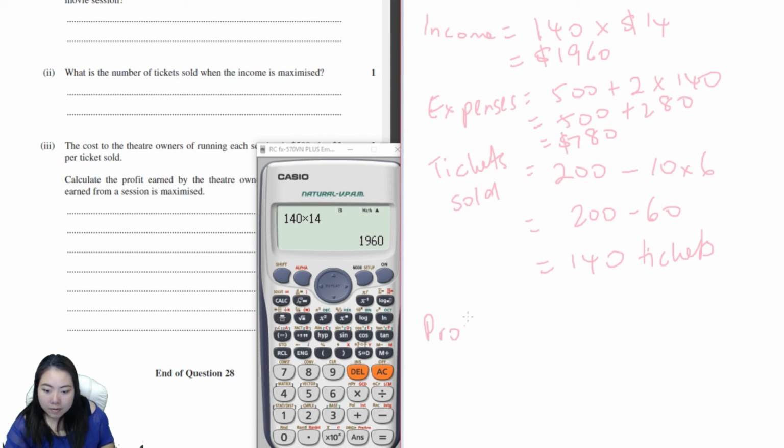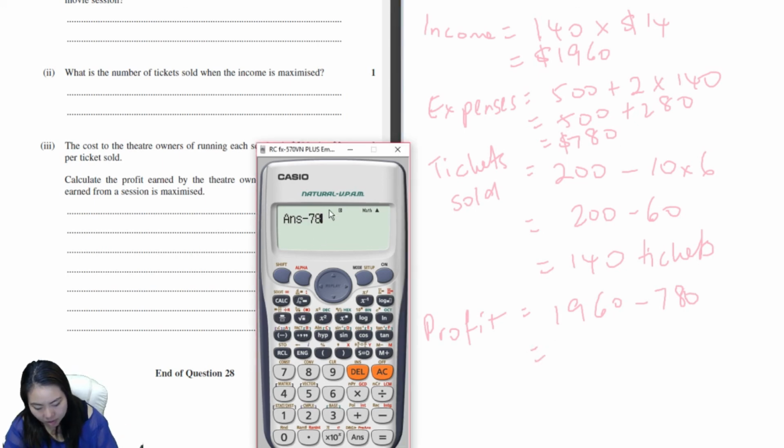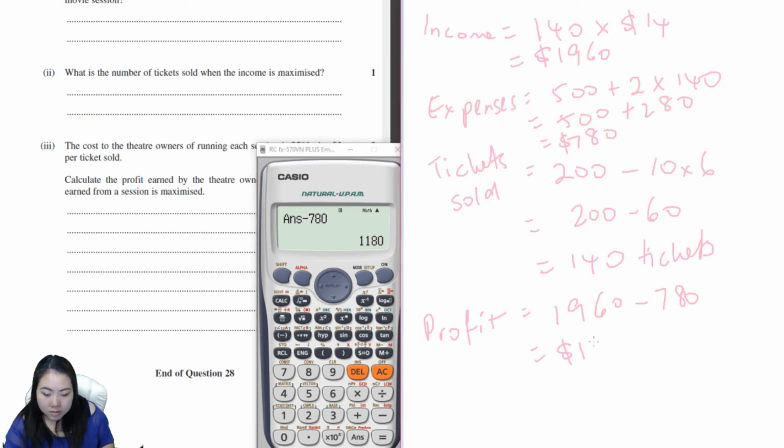Therefore, the profit is going to be 1960 minus 780. And that is $1,180. Therefore, the profit is $1,180. Let's check.